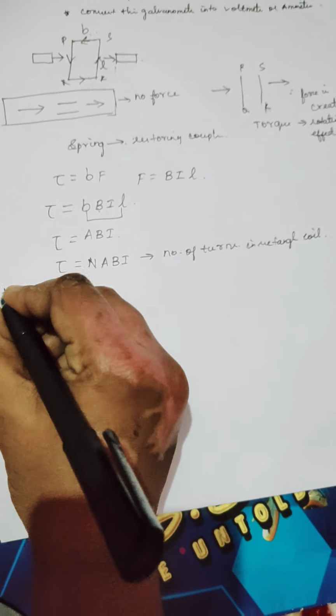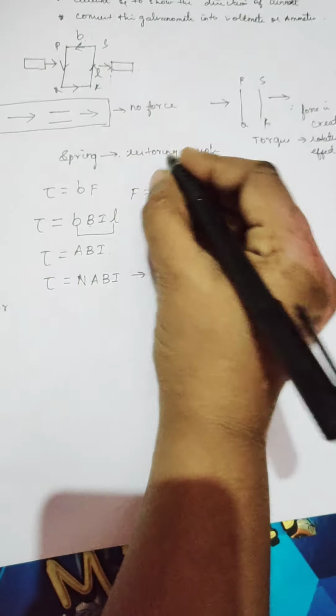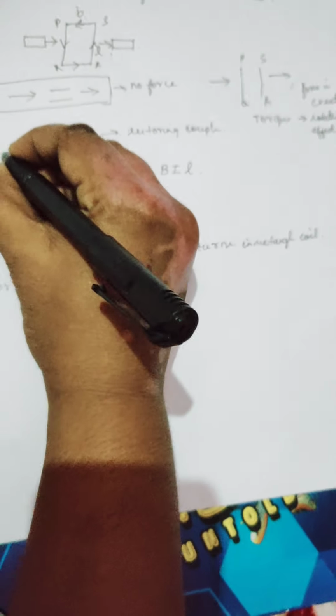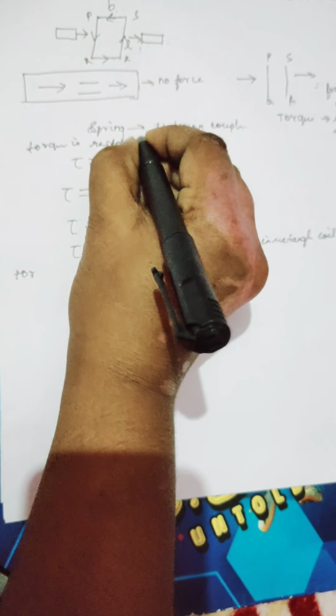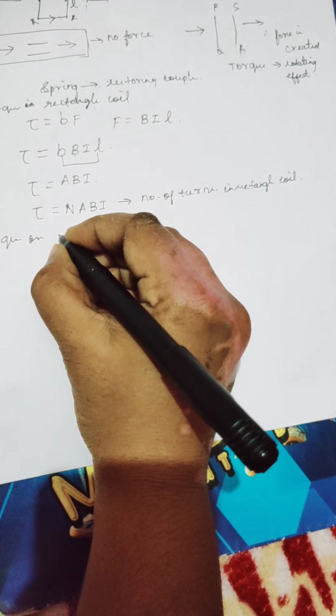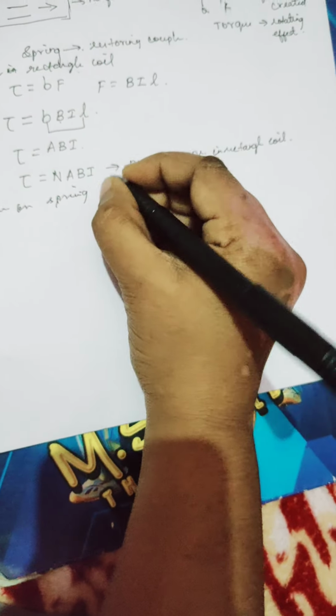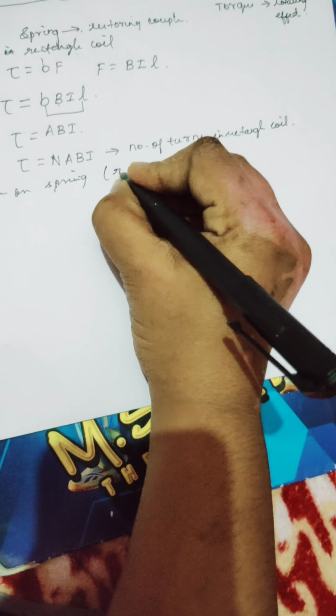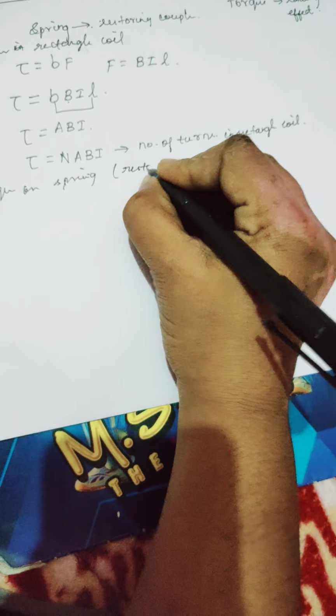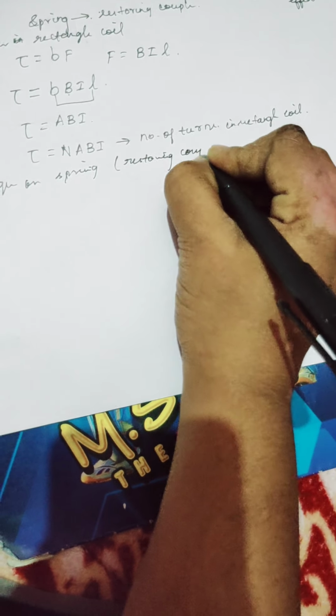First we have seen the torque in the rectangle coil. Now we'll see the torque on the spring, which you can call a restoring couple.